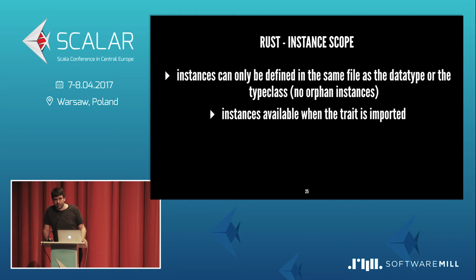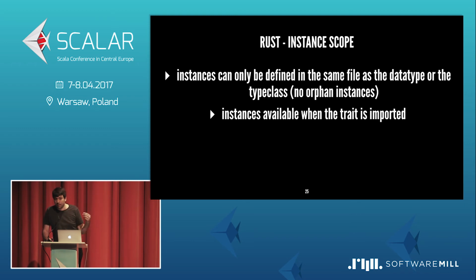Rust. Rust, if you're not familiar, is a systems programming language from Mozilla. They've been using it to write a new implementation for the Firefox renderer. It's a very cool language. I know there's a conference about Scala, but I've been very happy with it. And instances in Rust can only be defined in the same file as the data type or the type class.